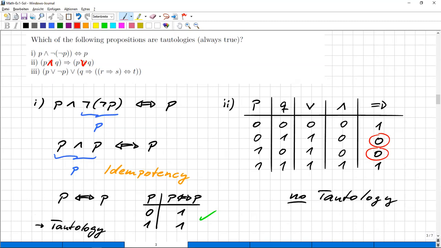Suddenly it's a tautology because we get these two values exchanged, and then the premise would in the end be false, but the conclusion gets true, which is an absolutely allowed case, as I told you. And so in the end we get ones here and here in every row.